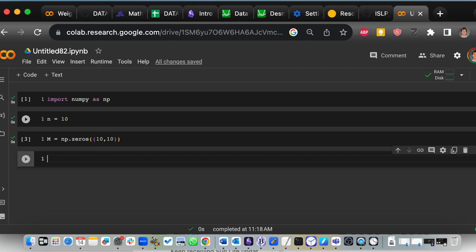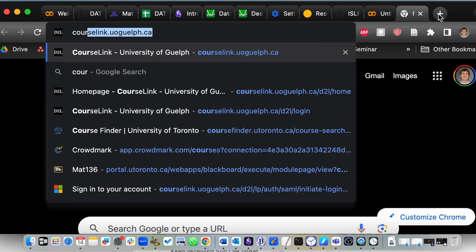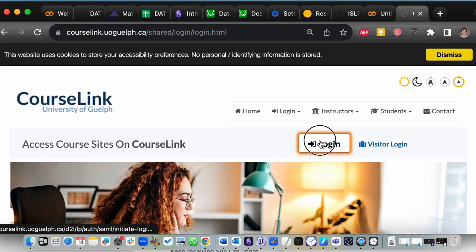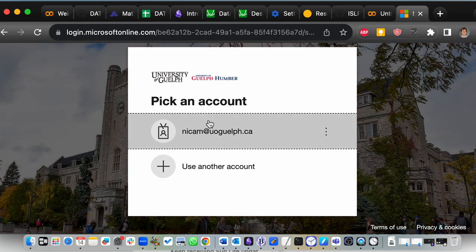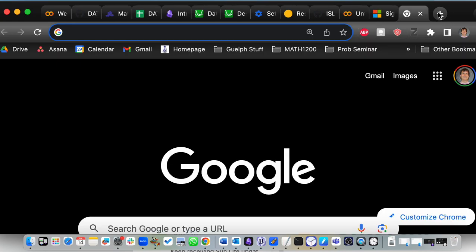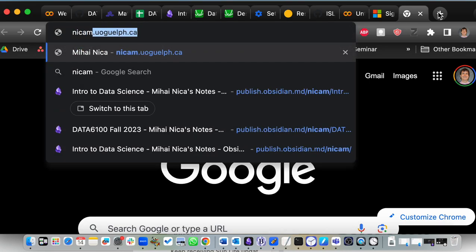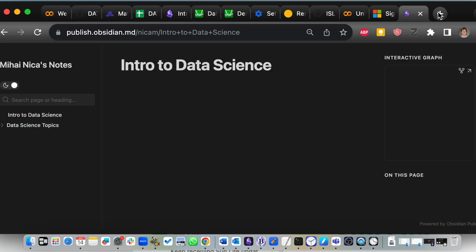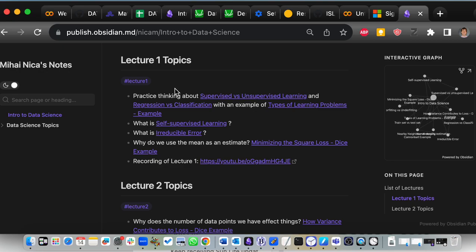So it's not on CourseLink, but the link to the website is on CourseLink. So if you go to CourseLink and you log in, okay, well the link is there. It's going to take me to log in. But the link to this website, the introduction, this link is there, and this has everything written on it. Is that what you want?